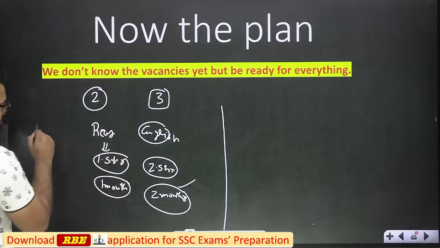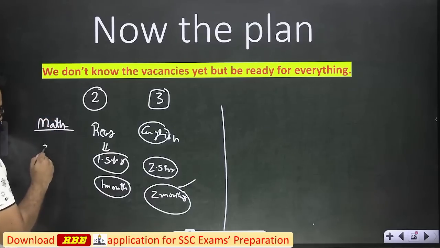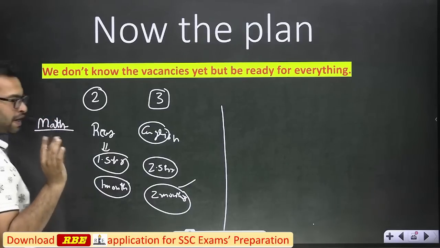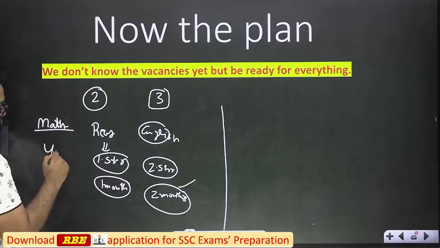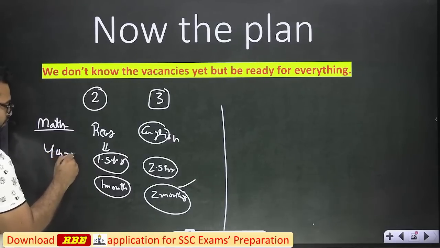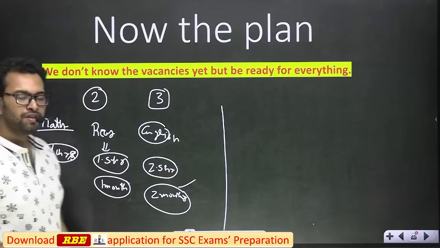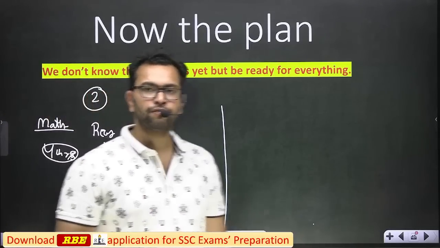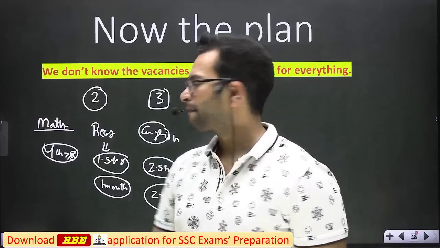Or if I add maths with it, if you are new and haven't studied maths for a very long time, give at least 4 hours approximately a day, because the math syllabus is vast. Although the weightage is the same as reasoning, it will take approximately 4 times the time to cover, right?